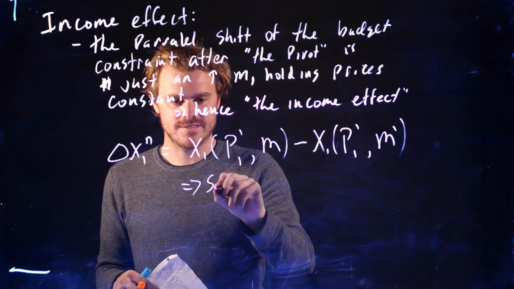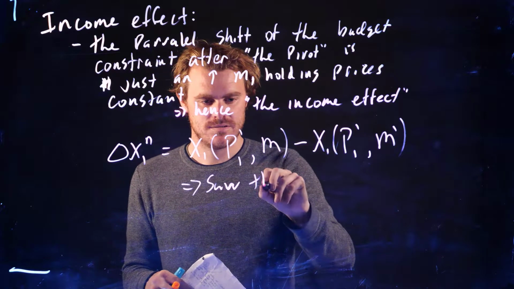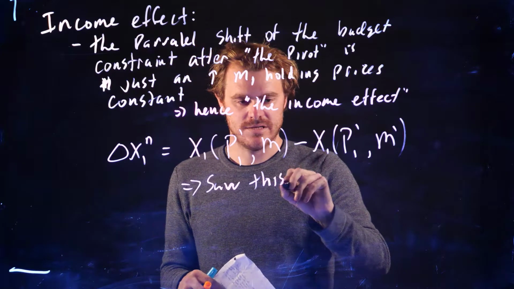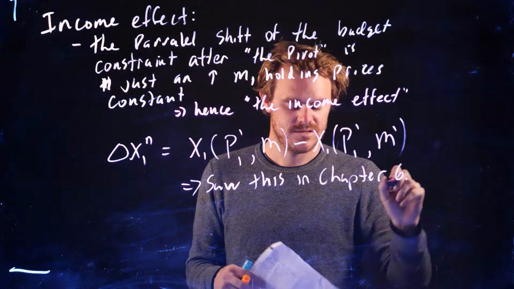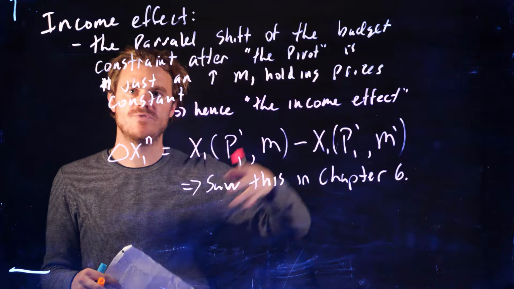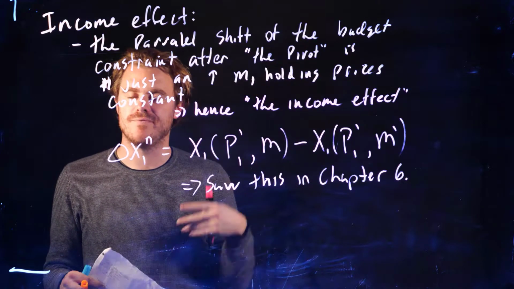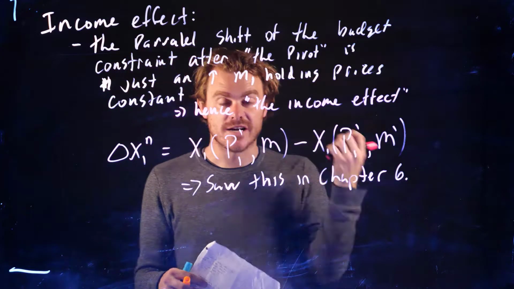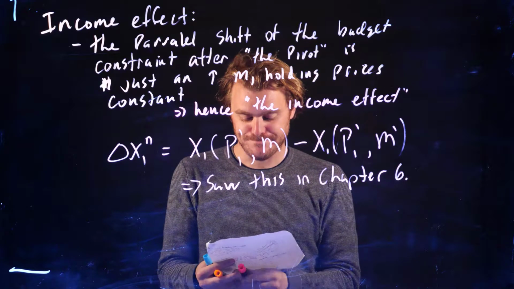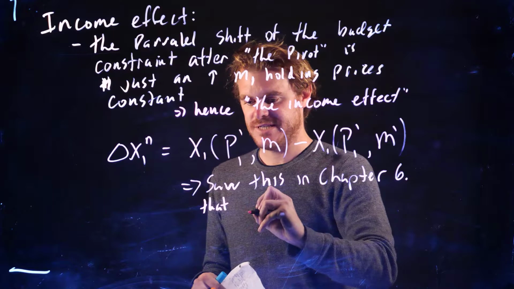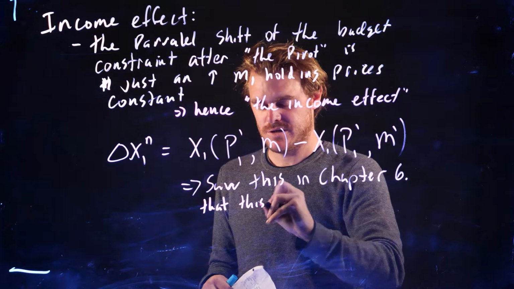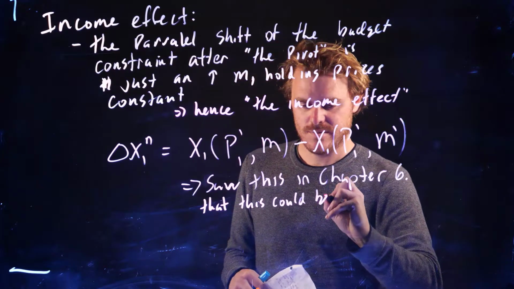So we saw this in chapter 6. And we drew the relationship between income and the quantity demanded of these goods through the income offer curve or the Engel curve, right? So we saw in chapter 6 that this could be positive or negative.